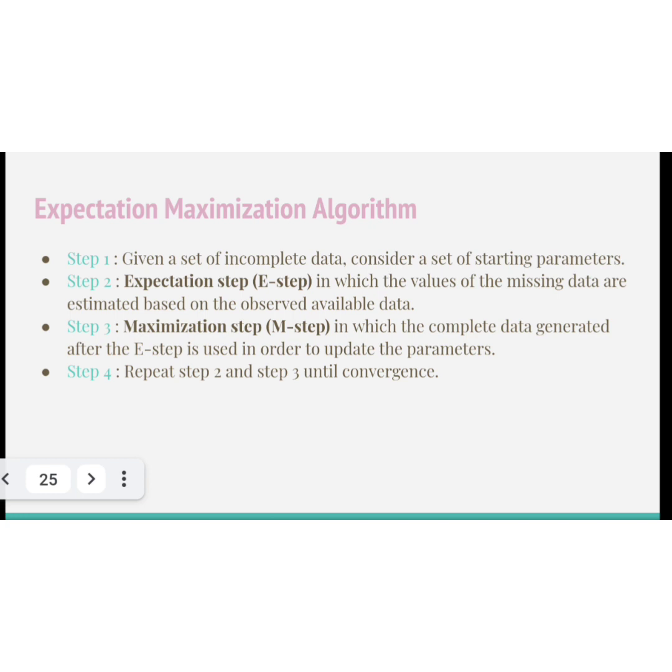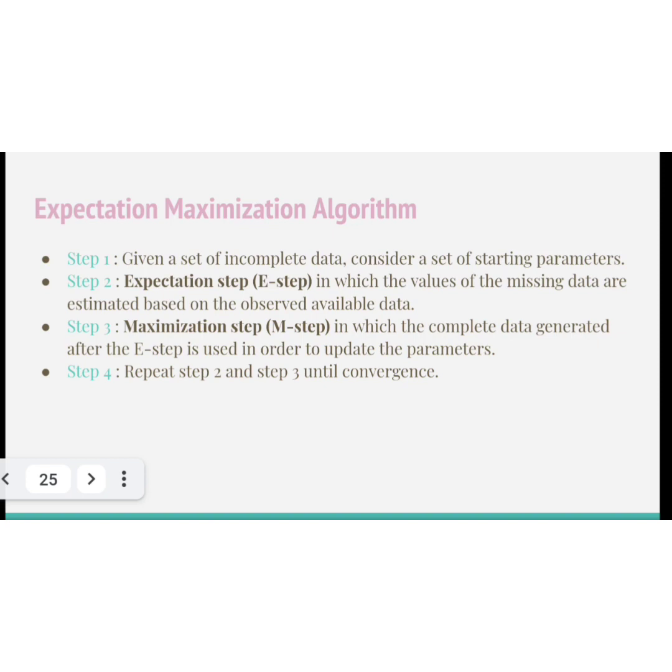In step 1, we will be given incomplete data. That means in that data some latent variables may be present. That means some relevant variables may be missing. So that's why it's called incomplete data. So that's the first step.